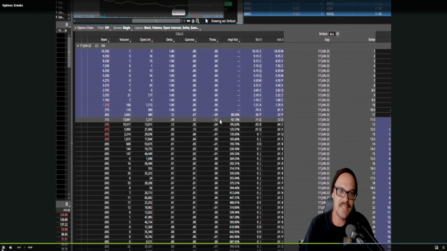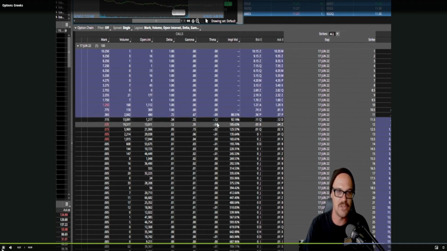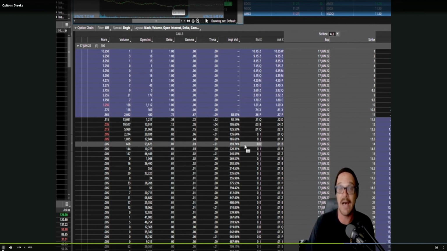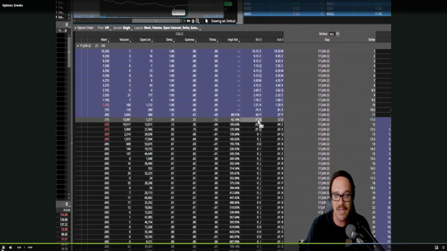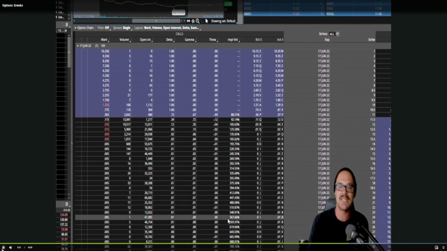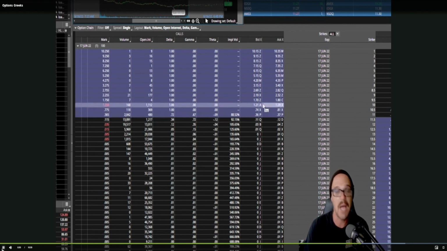Anyways, this theta decay, the time decay, is telling us that this option will lose 12 cents in value by expiration. The option's trading for 11 by 12. So basically, if everything else stays the same, if the stock price stays the same, this option will expire worthless, because in that one day that is left, the theta is going to burn off 12 cents in value, and it's currently only worth 11 cents by 12 cents.